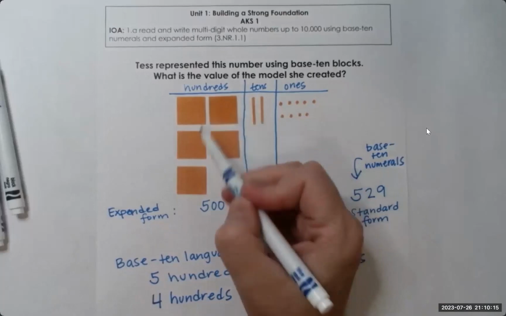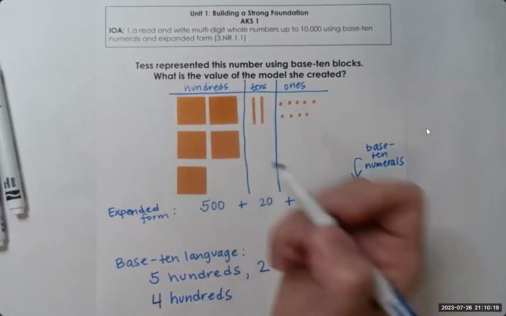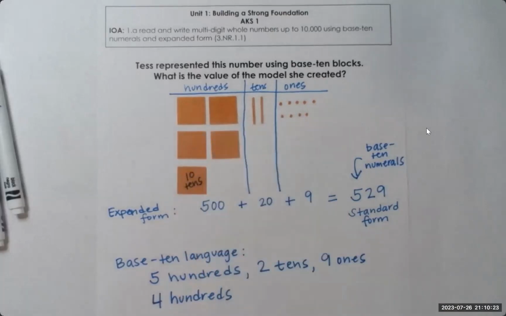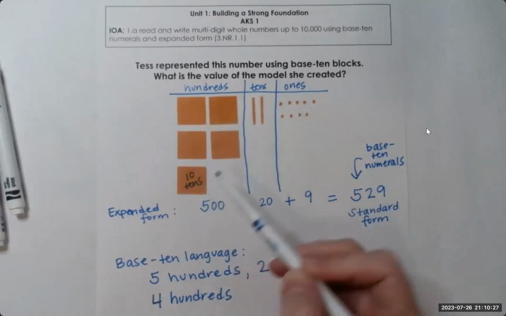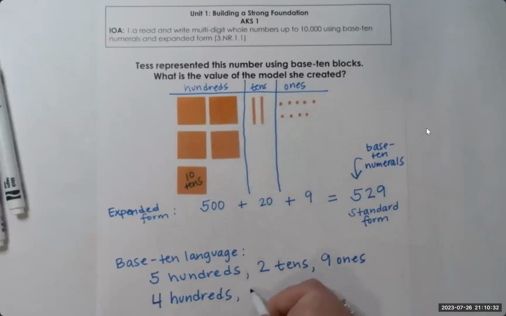If I say that I only have 4 hundreds, I know I still have this 100 left, but remember, friends, this 100 is worth 10 tens. So if I have these 10 tens and these 2 tens, that means I have a total of 12 tens. And then also 9 ones.